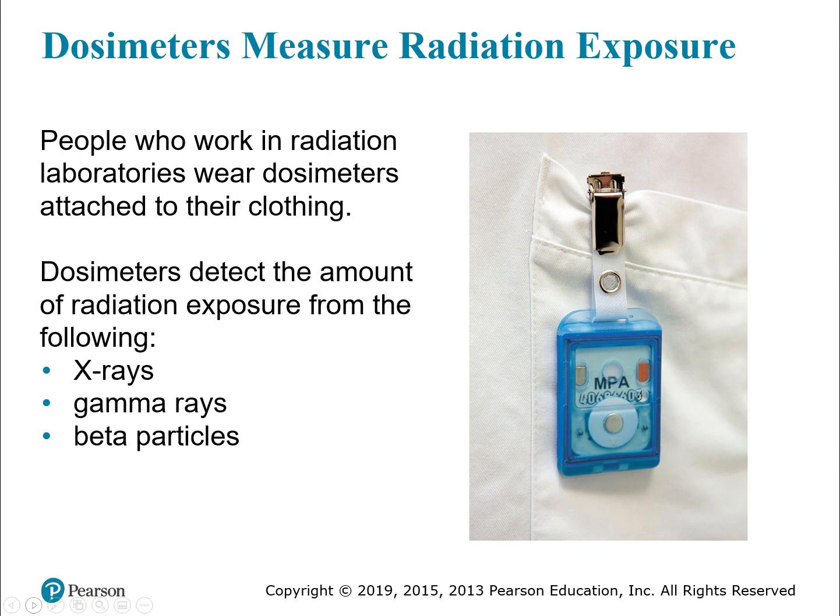And since it's hanging right on your clothing, you clip it to a pocket of your lab coat, or if you're a flight attendant or a pilot, you clip it to a shirt pocket or something like that. It will show a color based on how much radiation you've been exposed to cumulatively.